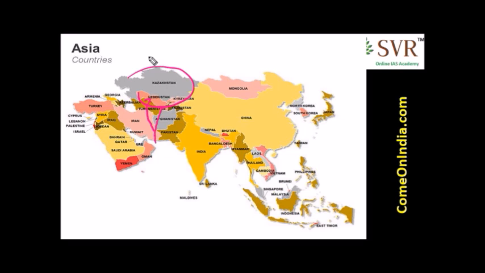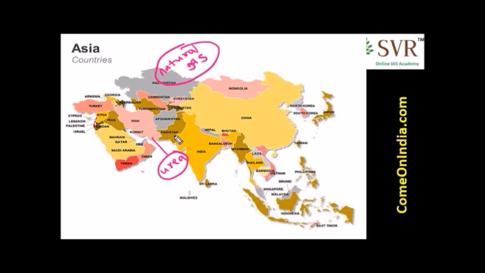As already discussed, Central Asian countries are rich in natural gas. Iran is also rich in natural gas like Russia. Natural gas is very important for production of urea. As you may be knowing, urea is the only fertilizer which is subsidized in India under the administered price mechanism.